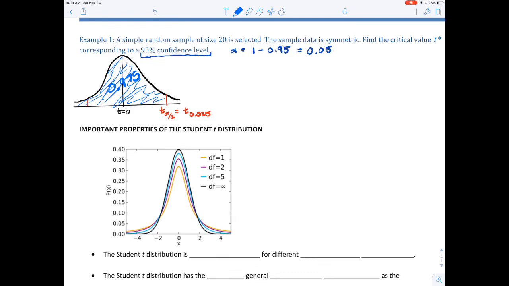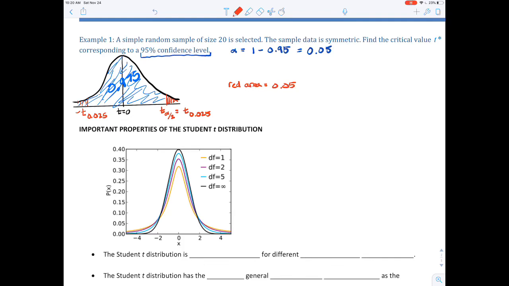Now don't worry about this other one over here, because we've already taken care of finding the correct area by dividing by 2. So if we look at the region in the red, the red area is equal to 0.05. Cool?